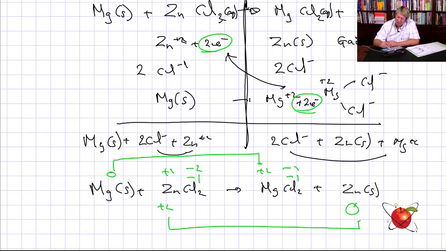So you can see here that to go from a +2 down to a 0, let's correlate it with what we had up here. The zinc went from a +2 to a 0. It must have gained electrons, right? It must have gained electrons, which is what it did. All right.